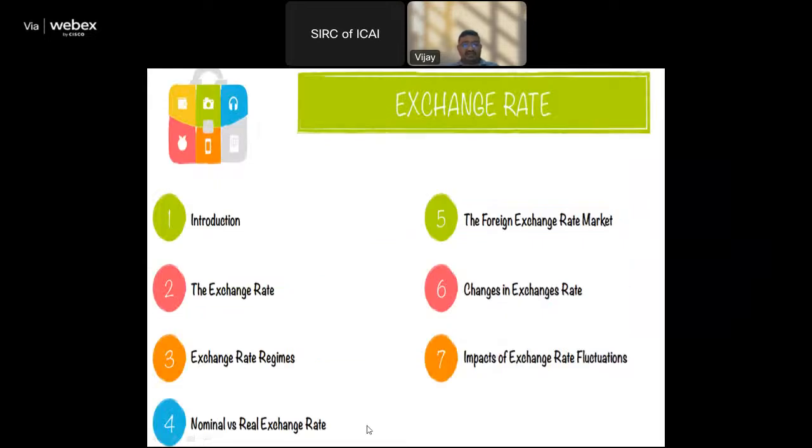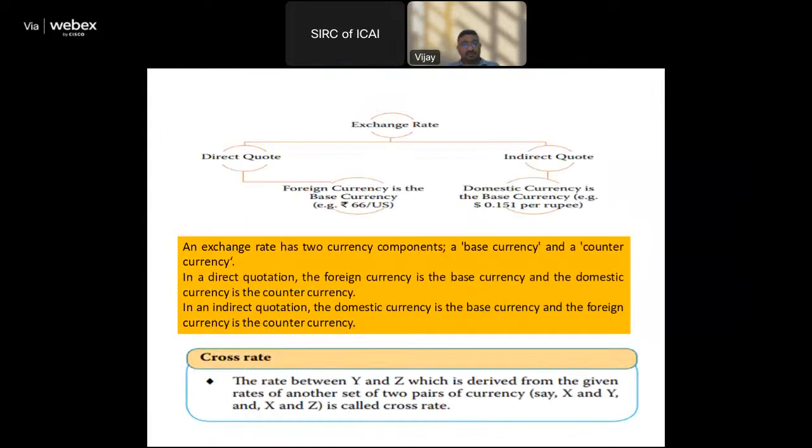In exchange rate fluctuation, we have the fixed exchange rate regime and the floating exchange rate regime.